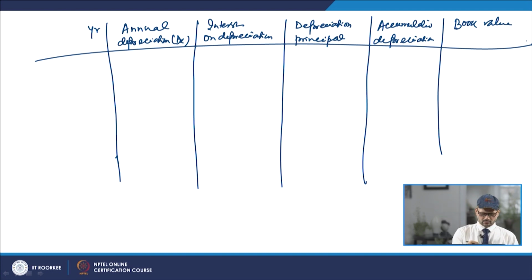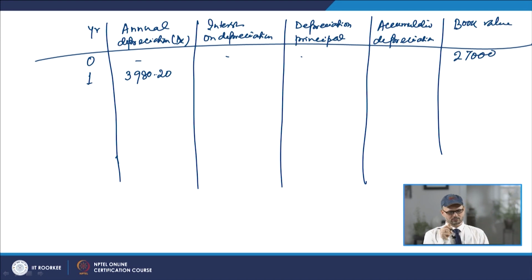As you move in year 0, you have nothing here, and your book value is 27,000. In the end, it has to be 2,000. Now, you come to year 1.